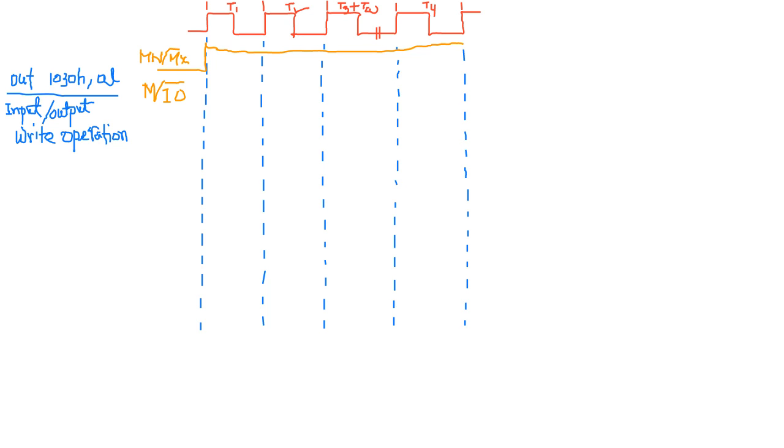So that means definitely, as it is an input output related operation, it must be low, right? So from high to low. Okay, all right. So now it's about address and data.